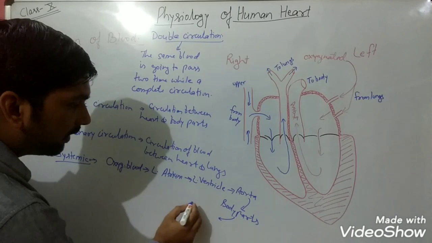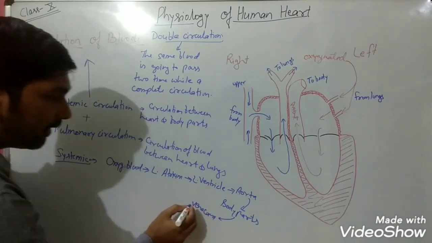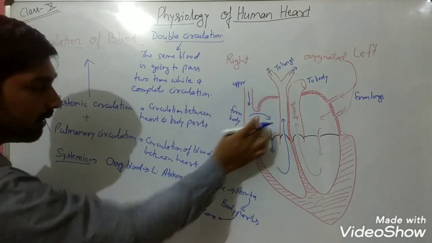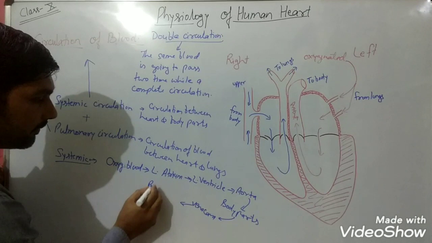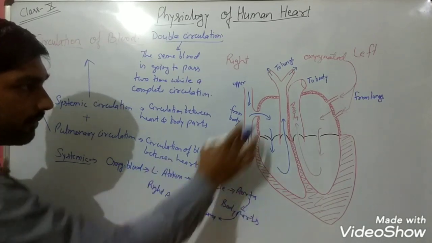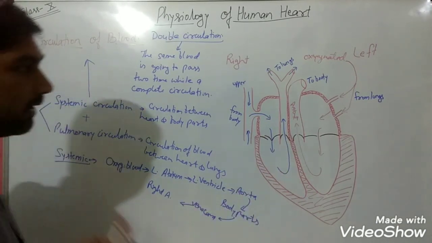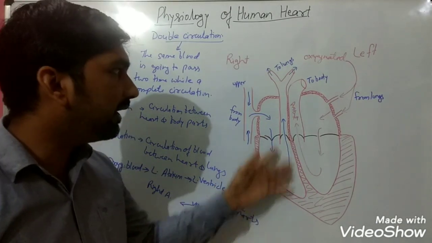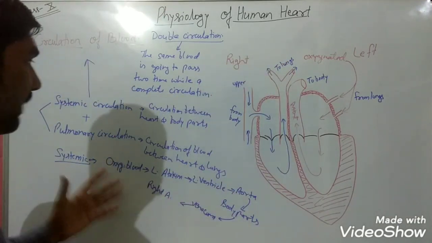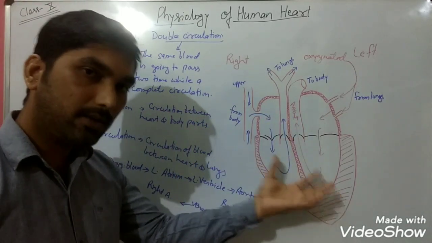The blood comes with the help of the vena cava, and it enters into the right atrium. From the right atrium, it fills into the right ventricle, and from the ventricle it goes to the lungs. So this is systemic circulation, the path of blood from heart to body parts.